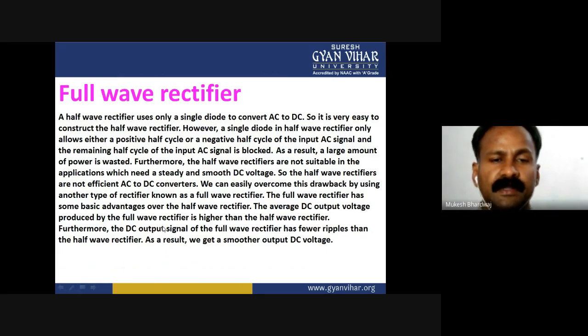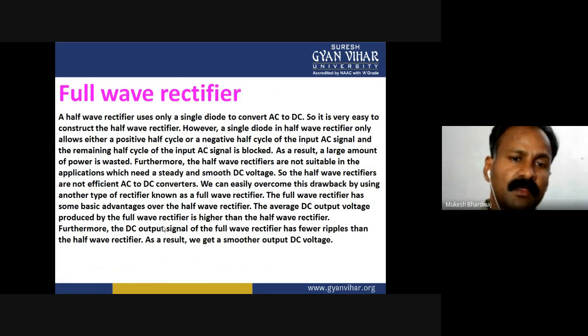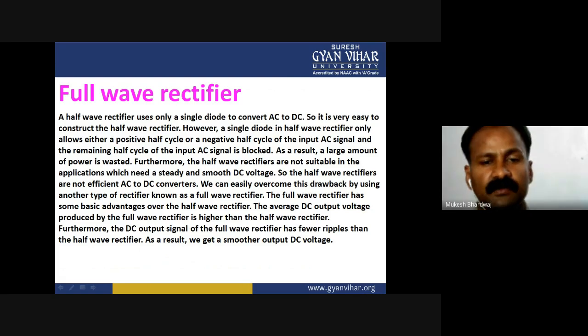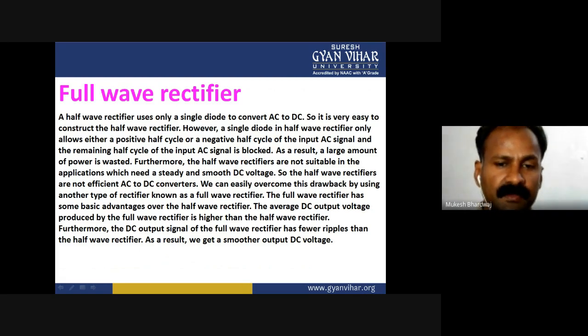Now, we are going to start with the full wave rectifier. A half wave rectifier uses only a single diode to convert AC to DC. So it is very easy to construct. However, a single diode in a half wave rectifier only allows either a positive half cycle or a negative half cycle of the input AC signal, and the remaining half cycle is blocked.